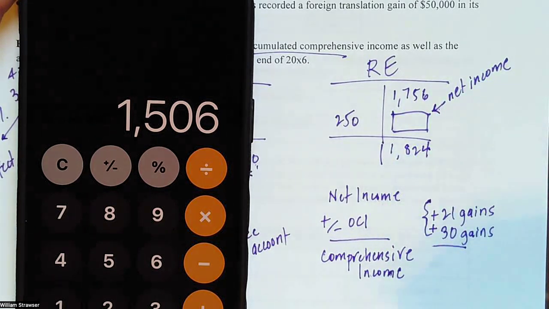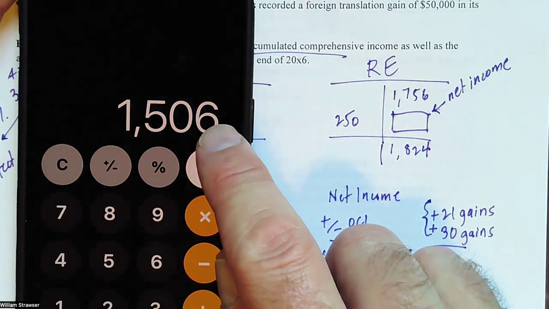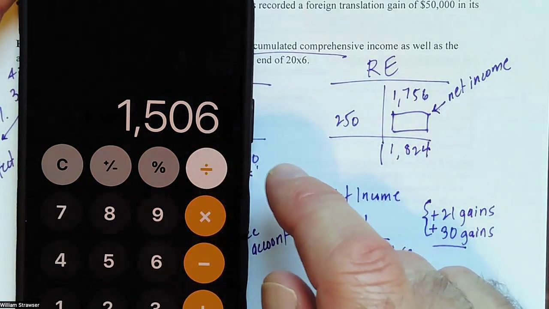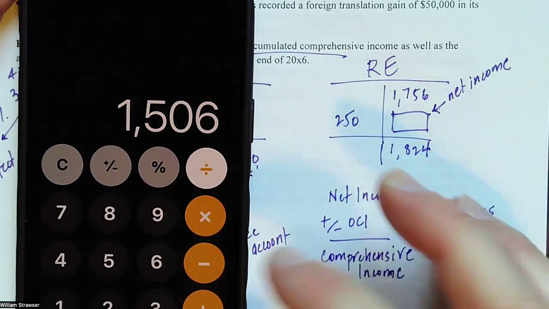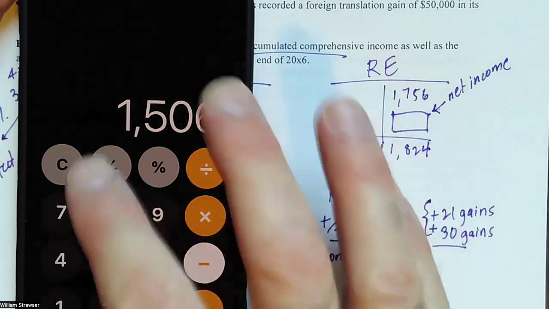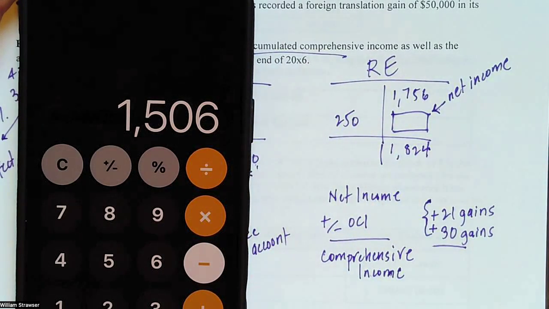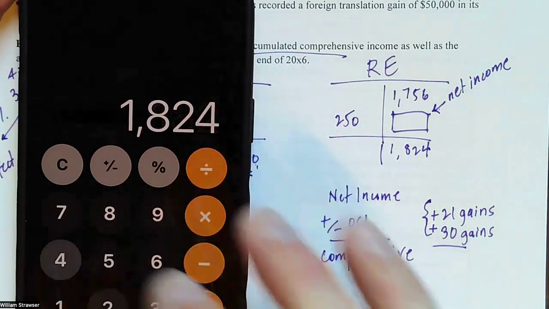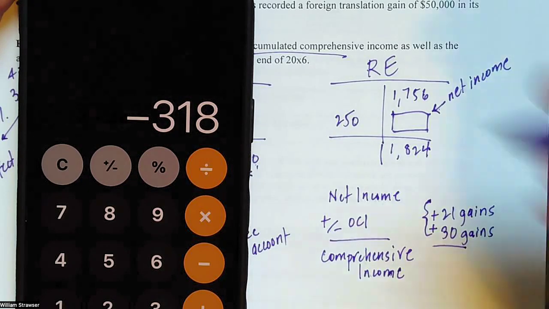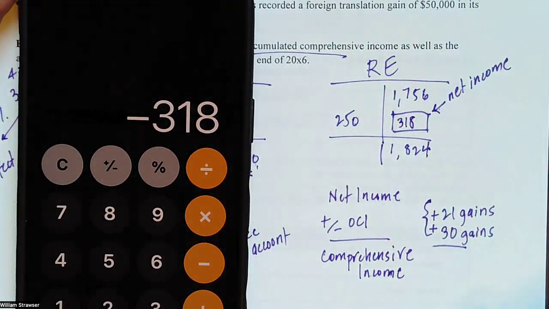So we need to add something to get up to this ending balance, because right now we're just at 1,506,000. So in order to figure that out, I'm just going to take the difference between where I'm at now with just these two and how much more I need to add to get there. It's going to pop up as a negative, but that doesn't matter. It's still the correct answer. It's 318. So that's my net income.